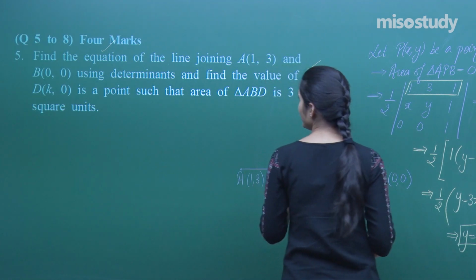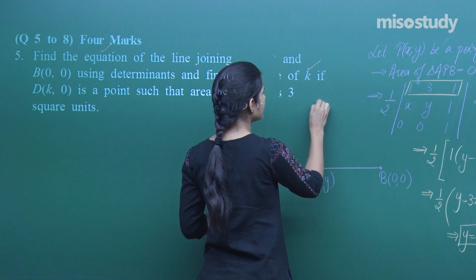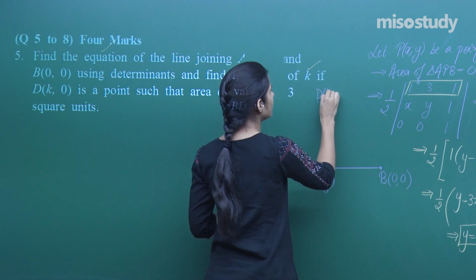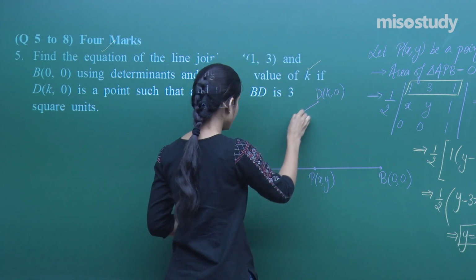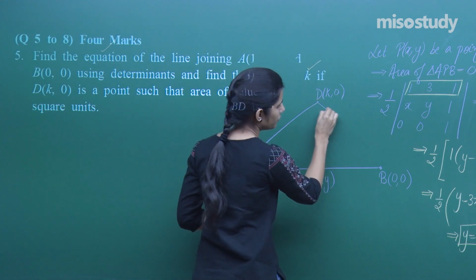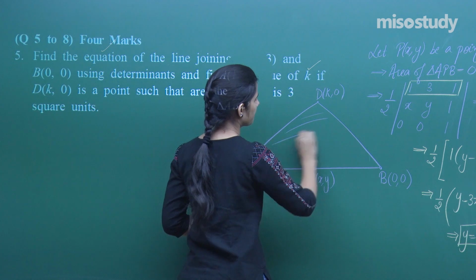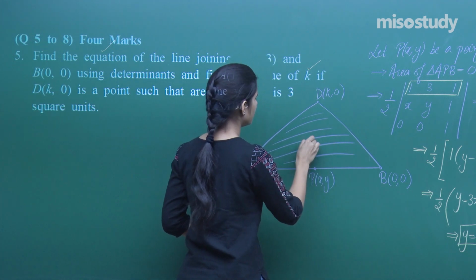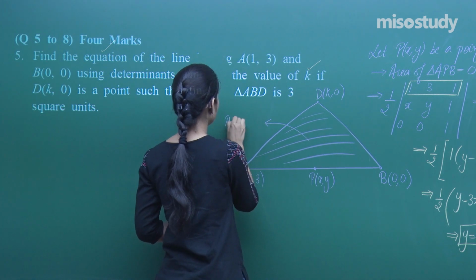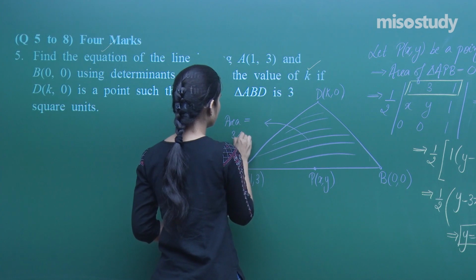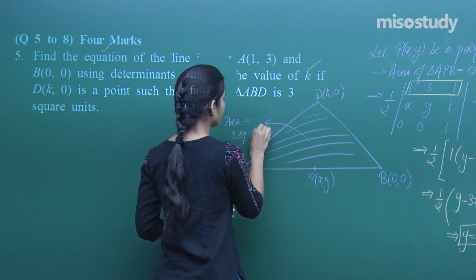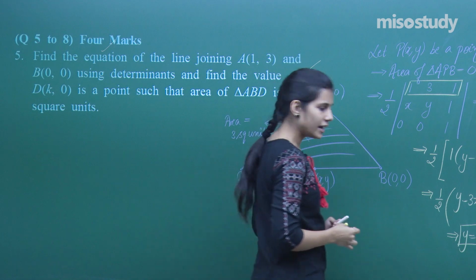So, the point given to you is (k, 0), somewhere here suppose is D(k, 0), join it with A, join it with B, area of this triangle is given to be 3 square units. Fine.